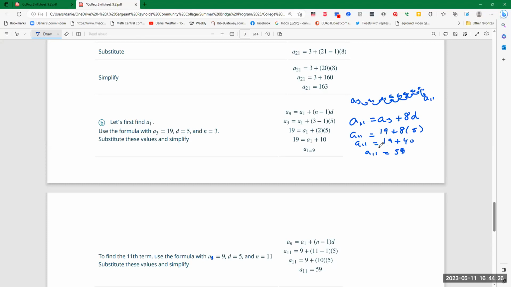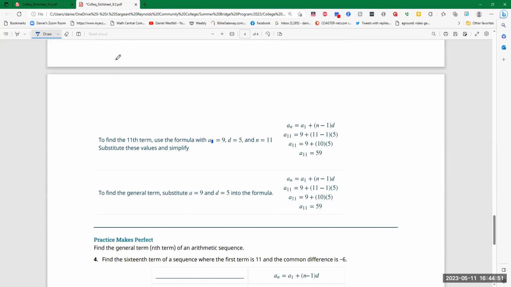That's what makes arithmetic sequences great, is that I can just count the number of steps that I need to take, and that's what I'm going to use for multiplication. So I just got here that the difference between my indices on my terms, 11 minus 3, was 8. And that's how I knew what my multiplier there was. All right.